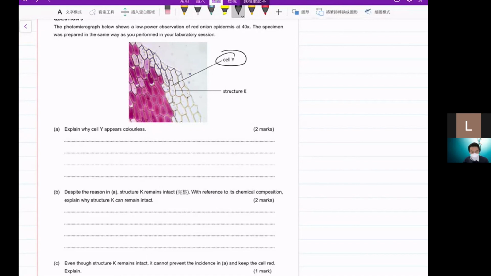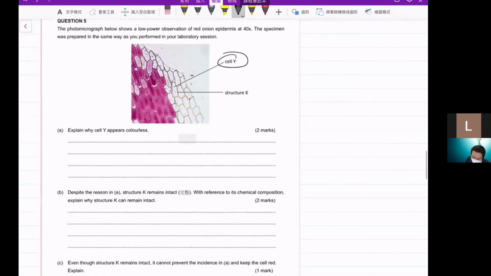So the only correct explanation is that when you prepare the sample, if you still remember, you need to use forceps to tear the thin layer of epidermis out. And you know that the red pigment is found inside the membrane.